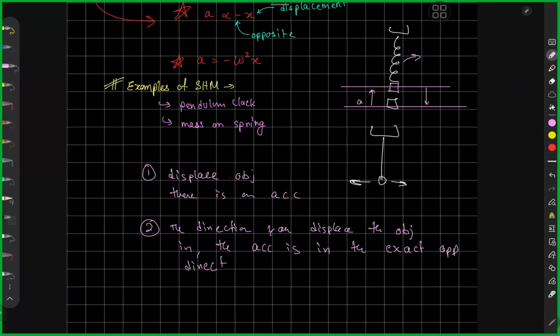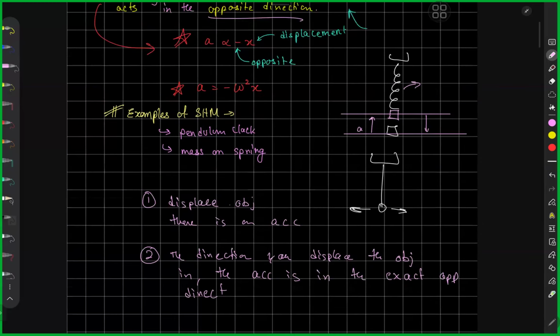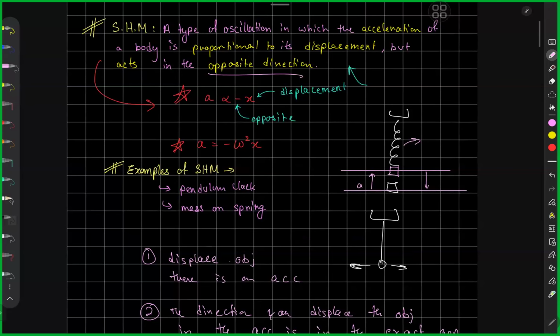So if I pull the object down, the acceleration will be upward. Are we clear on this? Yes? Yes. Perfect.